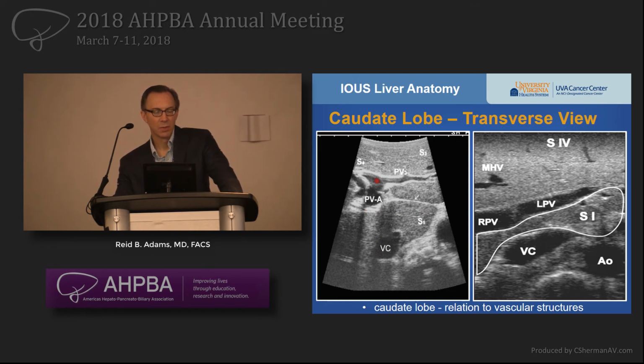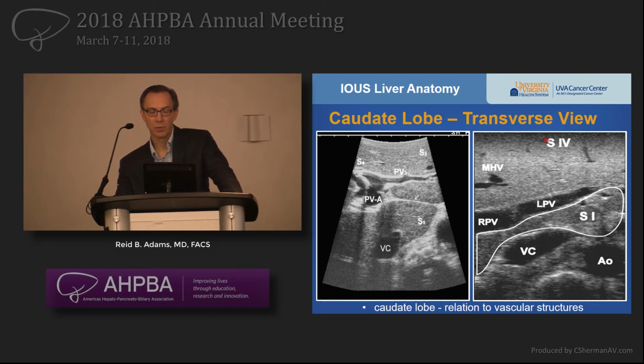So by using these vascular structures, the porta, this ligamentous structure, the gastrohepatic ligament and the vena cava, you can get an idea of where segment 1 is here. And again, that's shown over here. So right portal vein, left portal vein, again, the middle hepatic vein that sits right over the central porta.